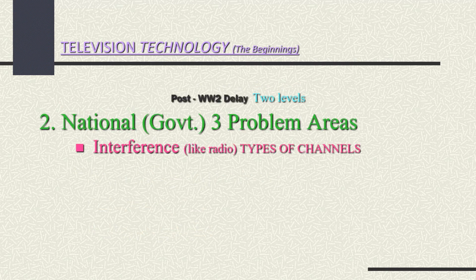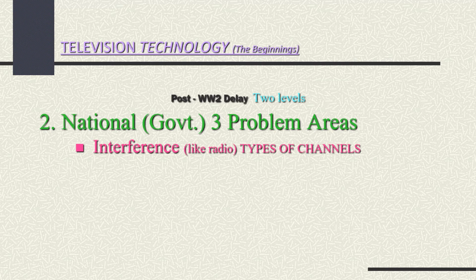On the national level, the government had a couple of areas where it needed to address problems. Much like radio, there still hadn't been an organizing feature to keep TV stations from interfering with each other.